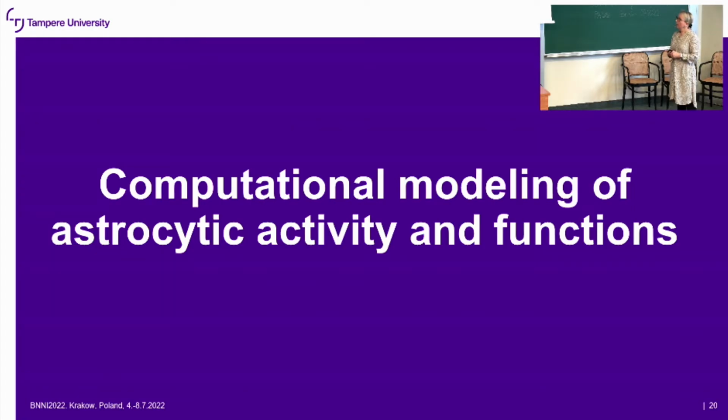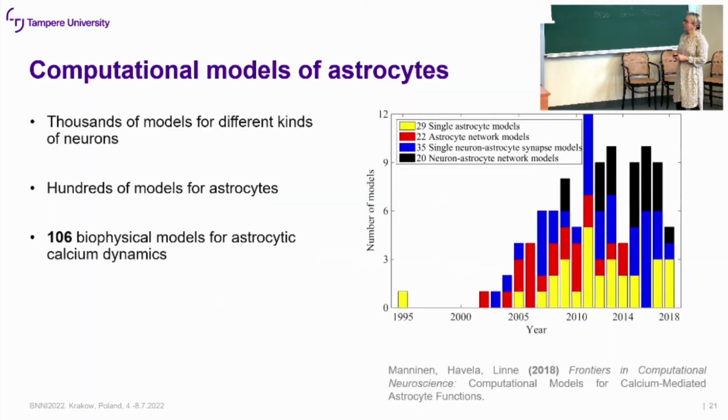So let's then move to computational modeling of astrocytic activity and functions. I start by stating that there are thousands of models for different types of neurons. They are very detailed. We have tuned the channel kinetics based on the recordings from the very same neuron. At the same time, we did a study a couple of years ago, so now it's a bit more, I think it's now like 300 models, but at the time there were about 100 models.